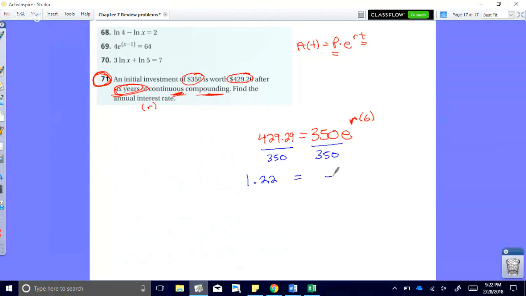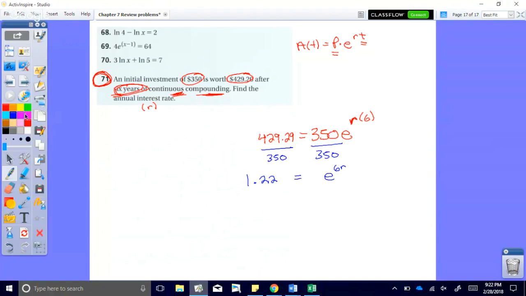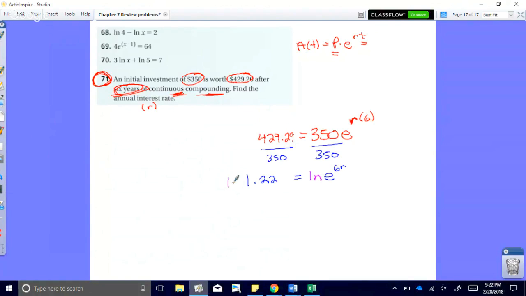Okay, so that equals e to the 6r. From here, we are going to, again, solve. We're going to take the natural log of both sides. And e and the natural log are going to undo each other. So we have the natural log of that 1.22 number equal to 6r. So the final step is to divide by 6.